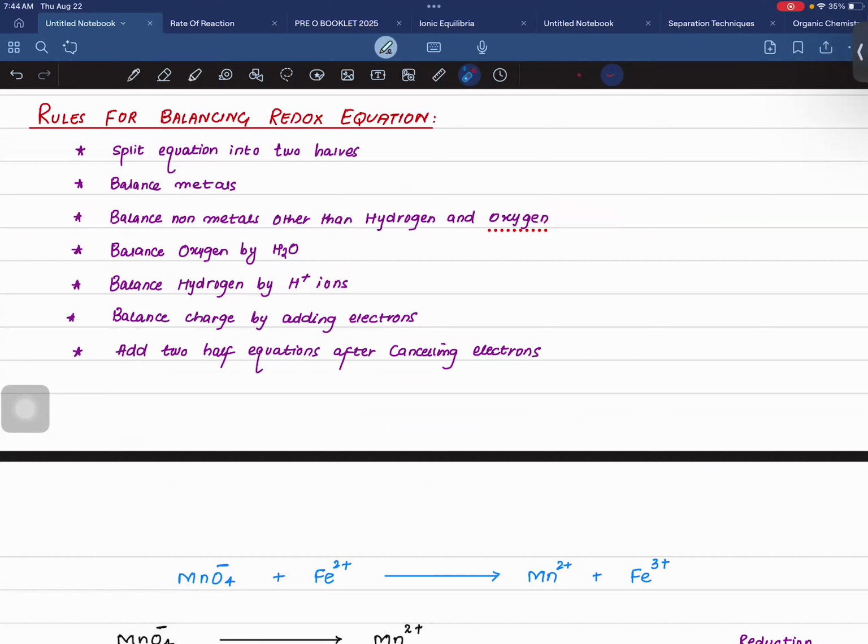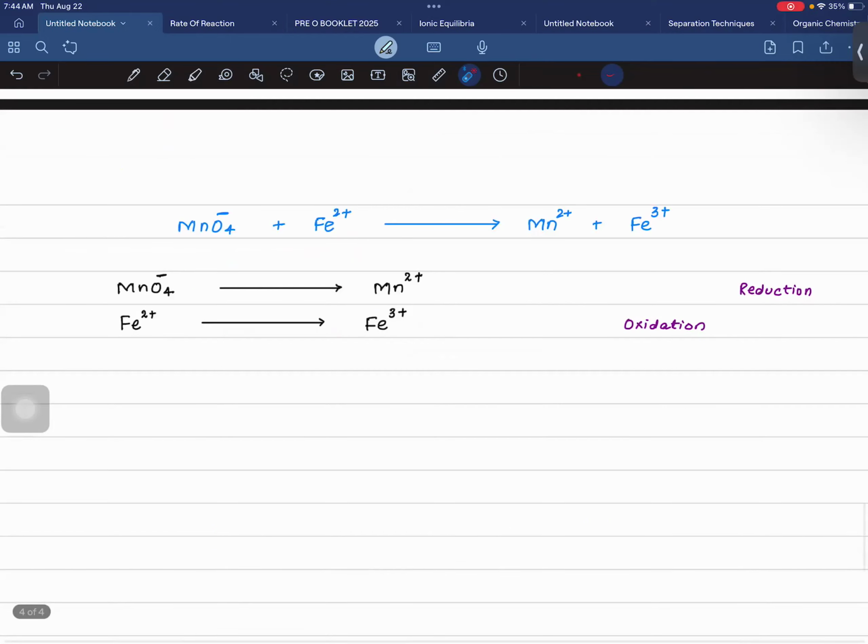So, balance oxygen by H2O. I would ask, beta, how many oxygen atoms are on the left hand side? You will say, sir, 4 oxygen atoms. I will say, just write 4H2O over here, because you are supposed to balance oxygen by H2O.